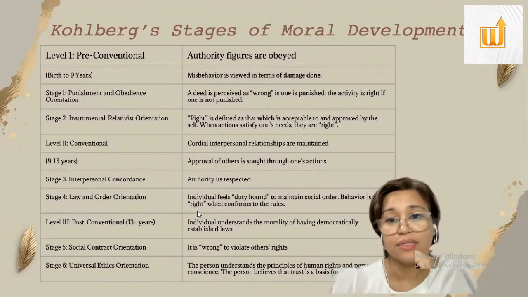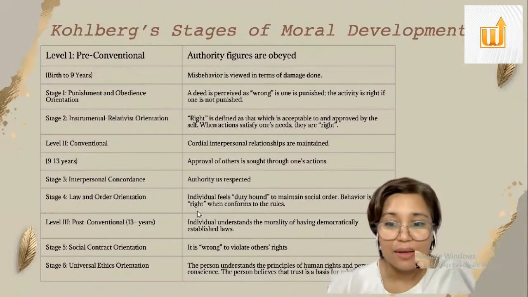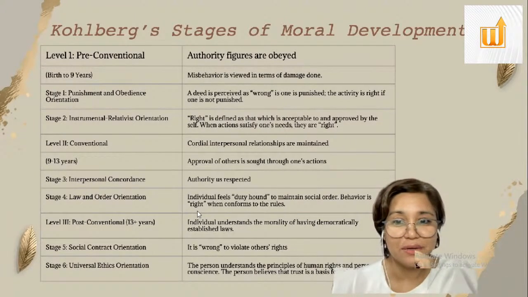When he looks at something that he has done or a deed perceived wrong, if it is being punished, no, it's something that is important for a child to have a zone of proximal development in terms of moral development as well.